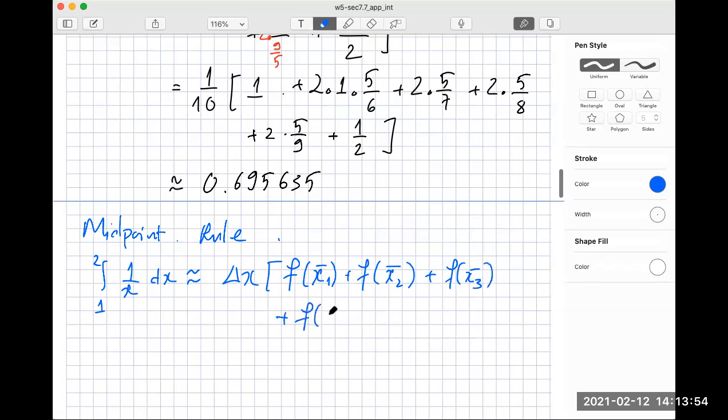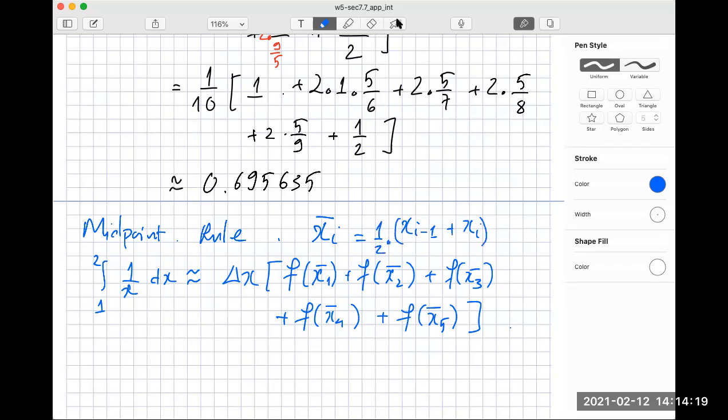Plus f of x4 bar plus f of x5 bar here. And remember the formula that xi bar will be x(i-1) plus xi times 1/2.